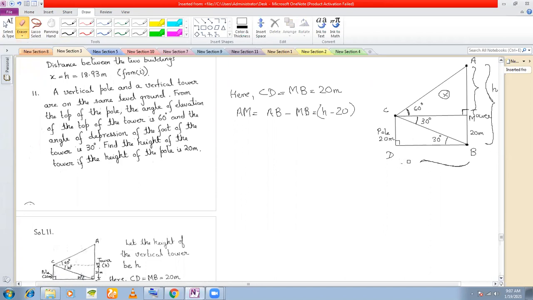So considering this triangle, in triangle PDC, tan 30 is equal to CD by DB.